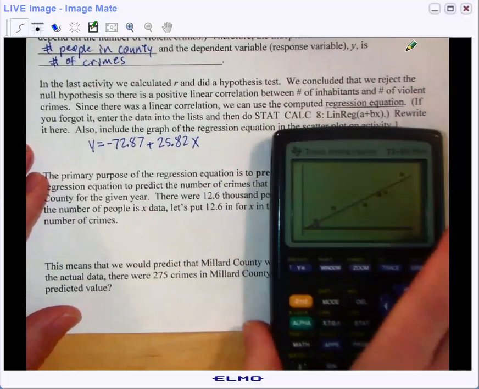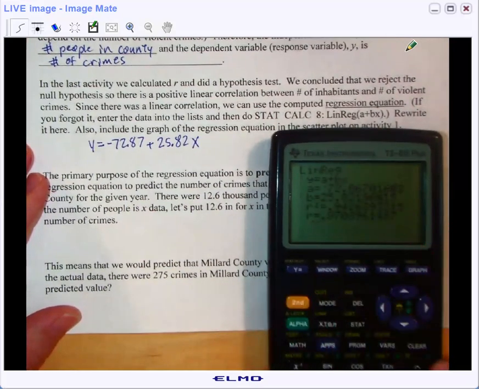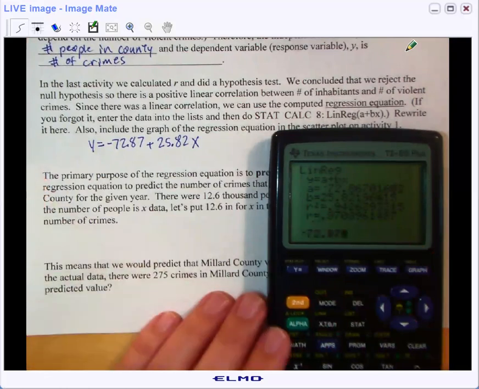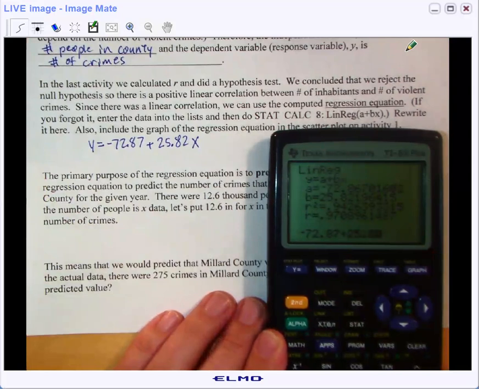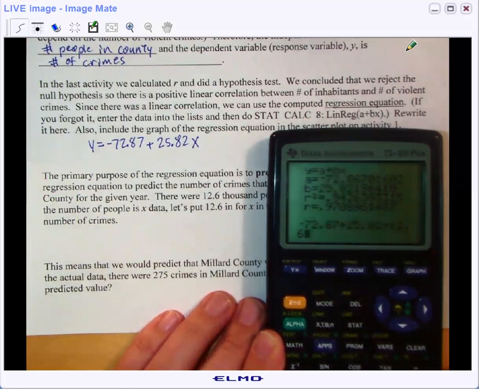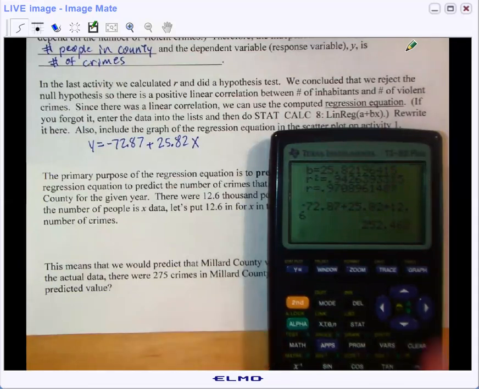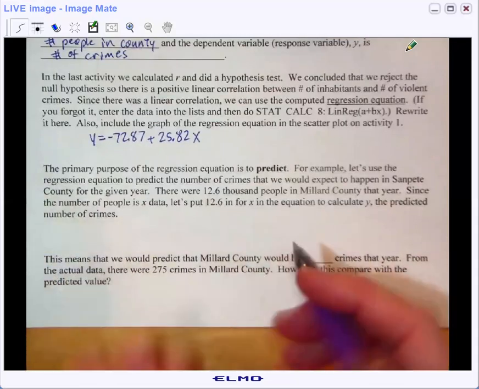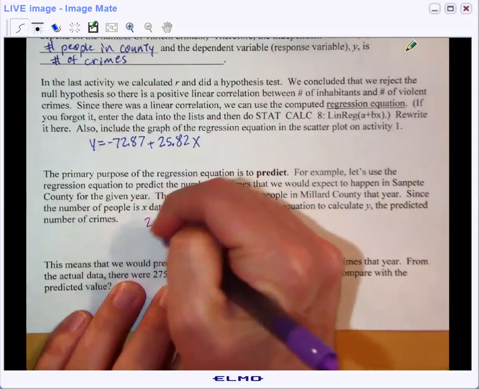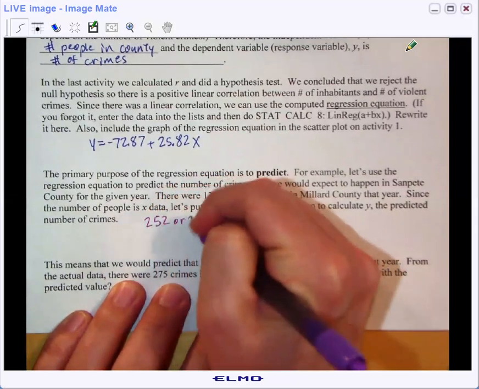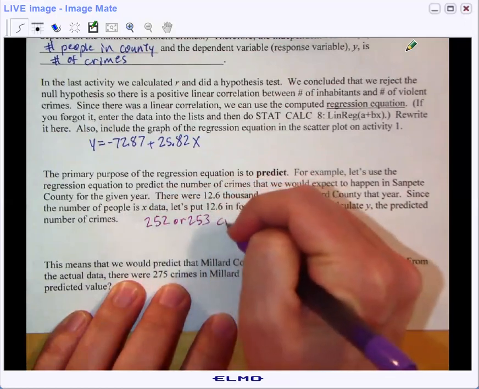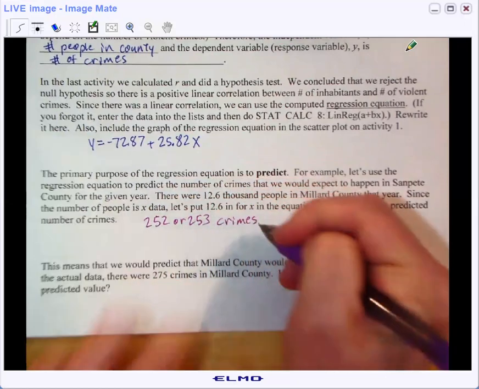So if we go to our calculator and do negative 72.87 plus 25.82 times the X value, which was 12.6 because it was 12.6 thousand people, we would get a prediction of 252.46. So I'm going to let you round either way on this one. So 252 or 253 crimes is what we would predict.